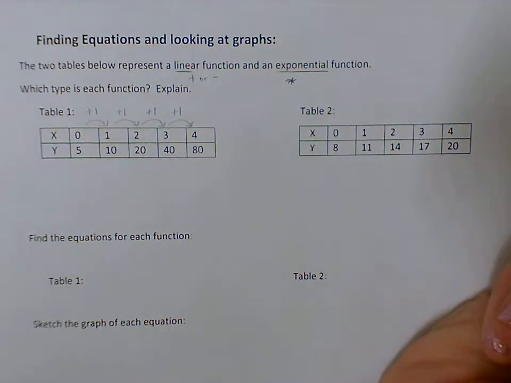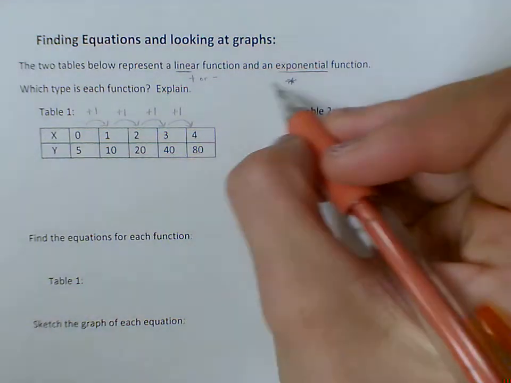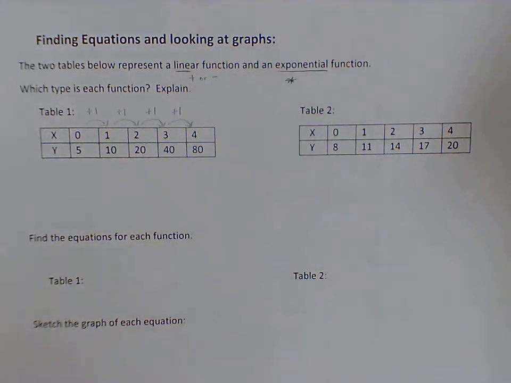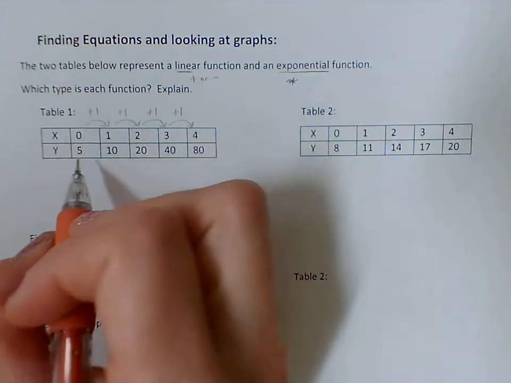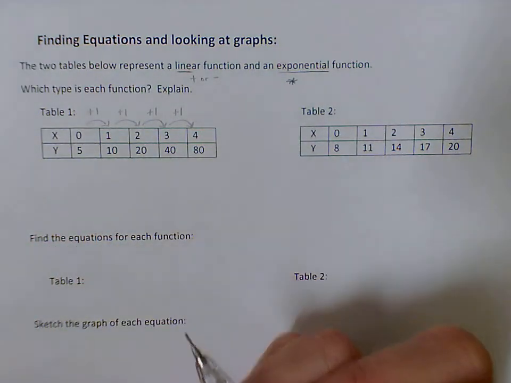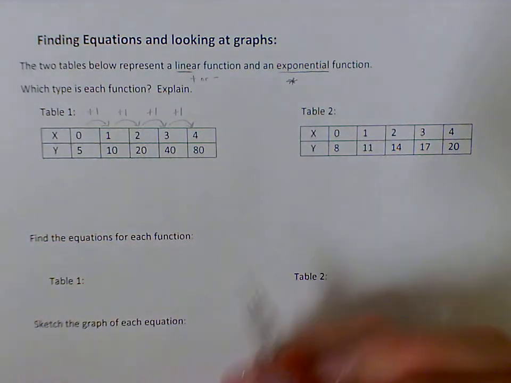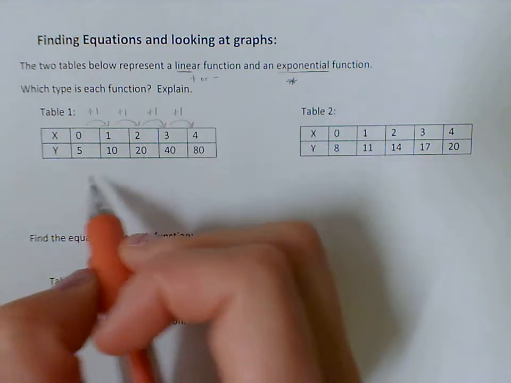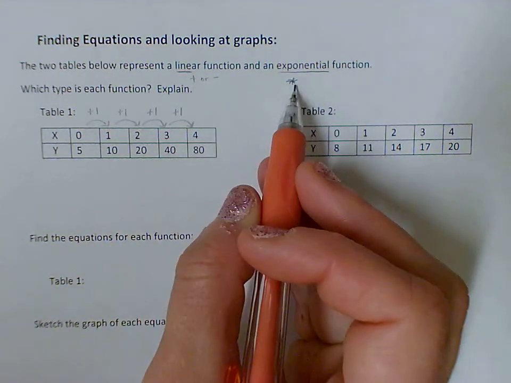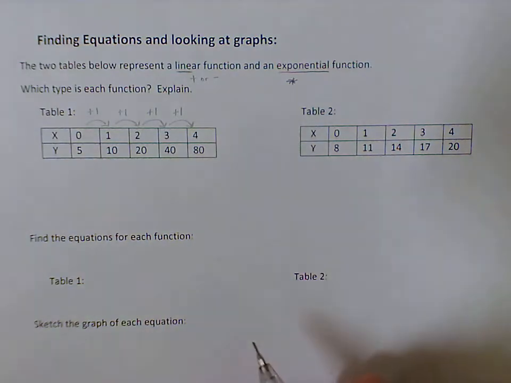Or if you're multiplying by a fraction, that would essentially be dividing to go from one to the next, but we always think about it in terms of multiplying. So that's what we're going to check for. We're going to look at our y values and figure out what the pattern is. If it's adding or subtracting to go from one to the next, it's linear. If you're multiplying to go from one to the next, it would be exponential. If it's neither of those, it's going to be some other type of function, or it may not be a function at all.